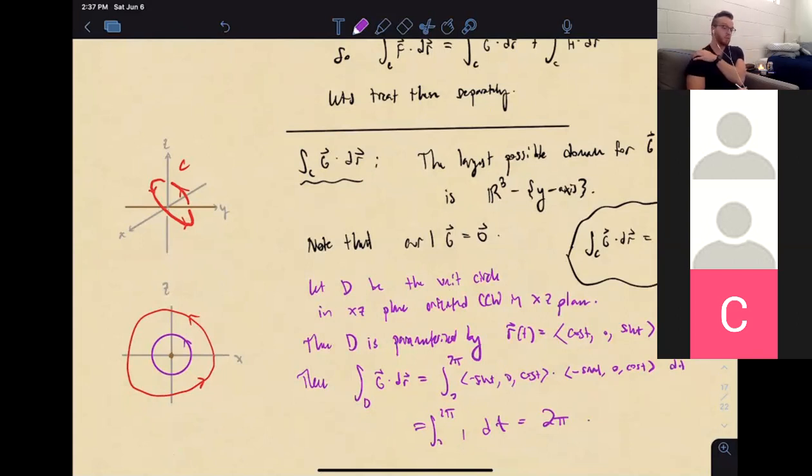That's not quite what we want. We want the integral over C, and I'll try to draw. We want to show that the integral over C is the same as the integral over D. This is where we could, for example, do some curve arithmetic.